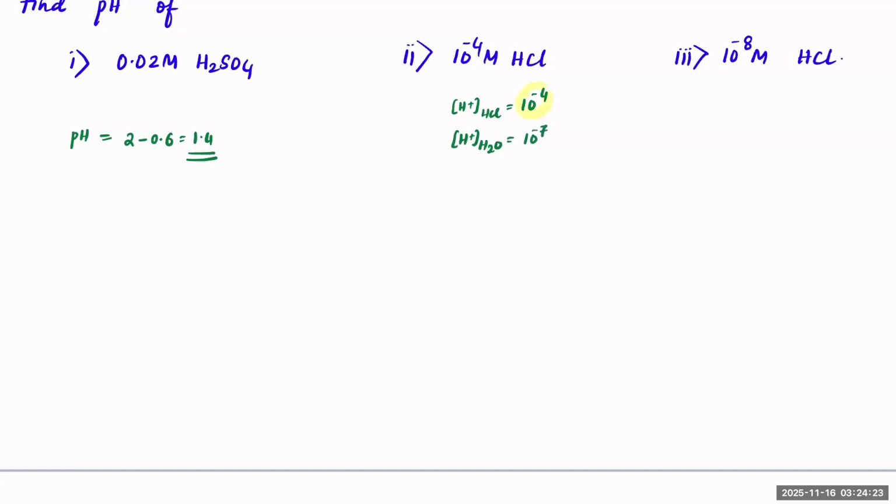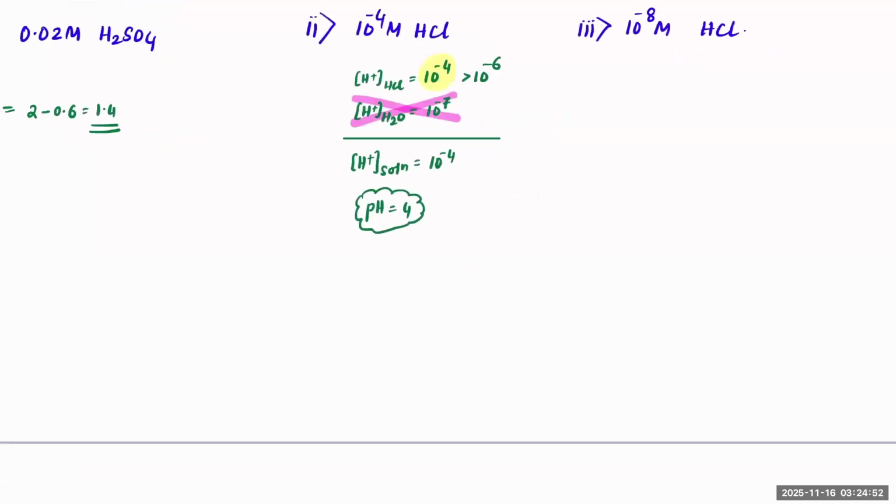This value is greater than 10 raised to power of minus 6. So, in such cases, what did we learn? We can ignore the contribution from water. Thus, what is the H plus ion concentration now? The H plus ion concentration of the solution will be the same as HCl, which is 10 raised to power of minus 4. Hence, we can take pH is equal to 4 as the answer.